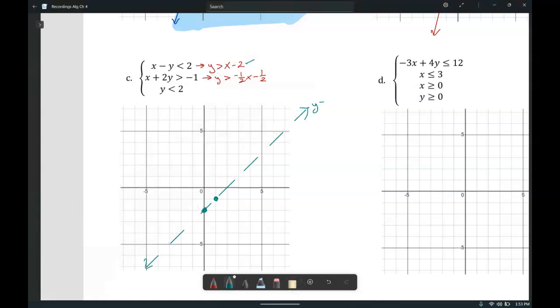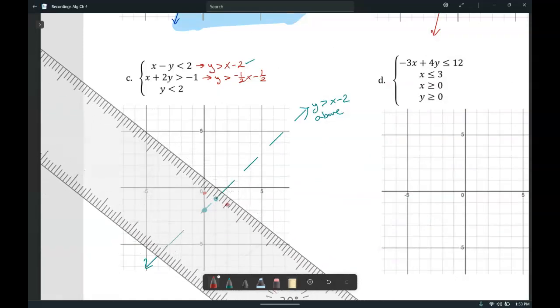So there's our y is greater than x minus 2. And because it's greater, we're going to shade above. Next one, we actually have a y-intercept of negative 1/2 and a slope of down 1, right 2.